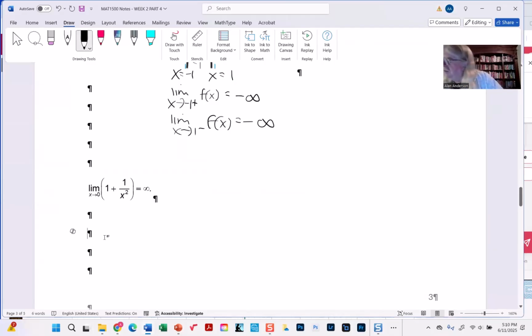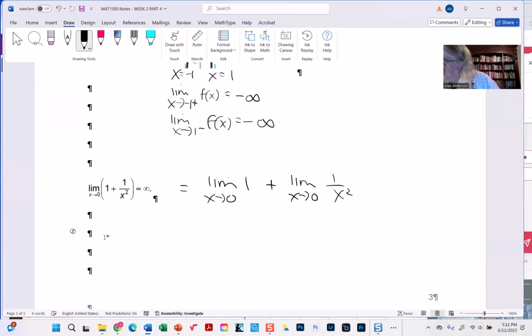Now the limit of this expression can be rewritten in the following way. We know from the previous section that 1 over x squared looks like this.